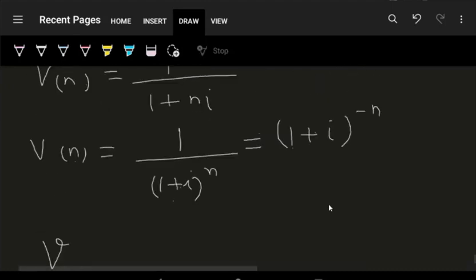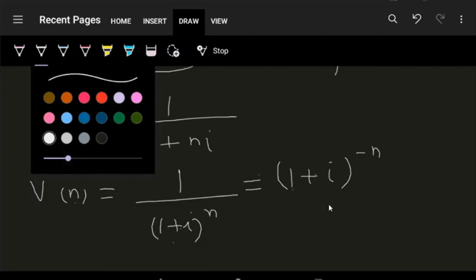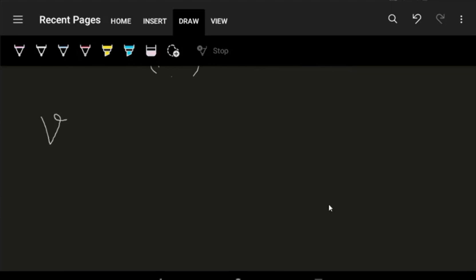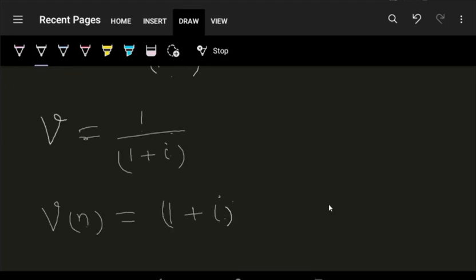This was capital Vn, but for the 1 year discounting factor, we write v equal to 1 upon 1 plus i. So the discounting factor for compound interest, which was earlier (1 plus i) to the power minus n, will now become small v to the power n.